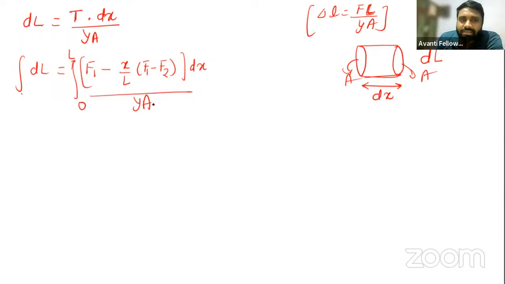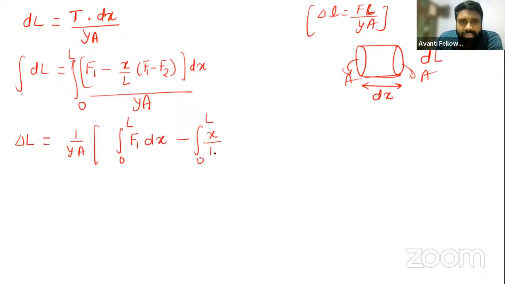Now YA is a constant, so we can take it out of the integral. Now this will become delta L, the complete elongation, the integration of the differential elongation. 1 upon YA we have taken out. So the integration will be distributed to this expression: integral from 0 to L of F1 dx, minus integral from 0 to L of x by L into F1 minus F2 dx.